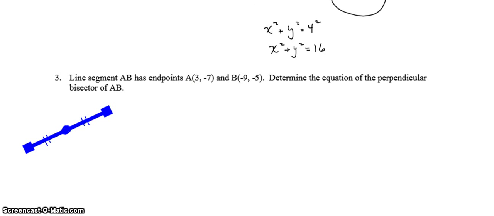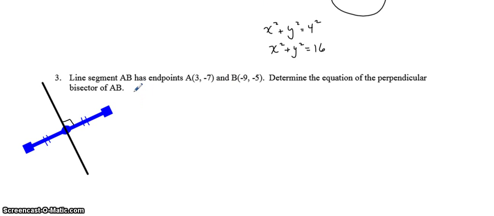And then what you do is you draw a line that is perpendicular to that line. And to indicate that something is perpendicular, you make that right angle symbol. So that is a perpendicular bisector.